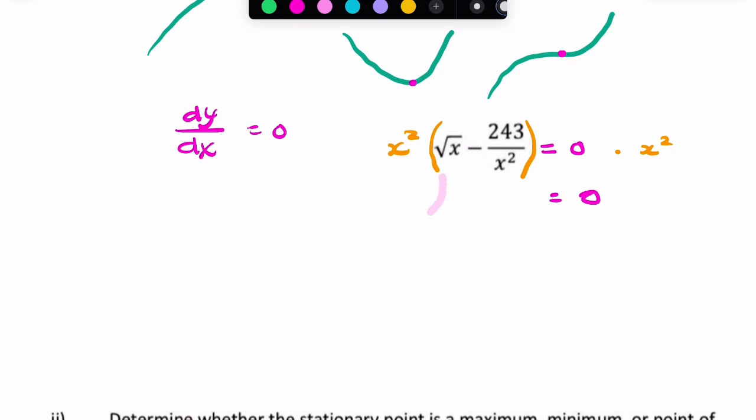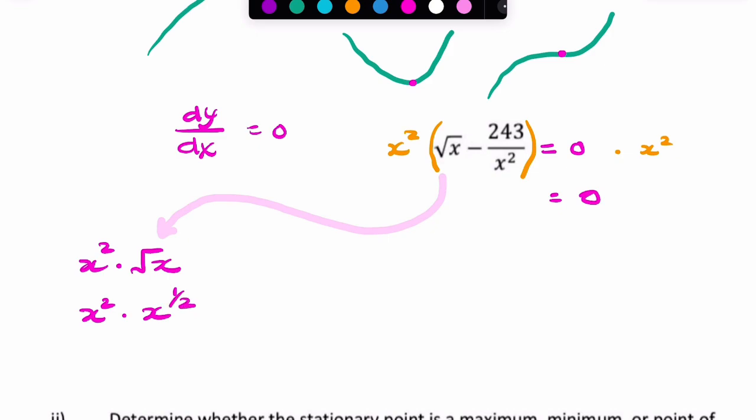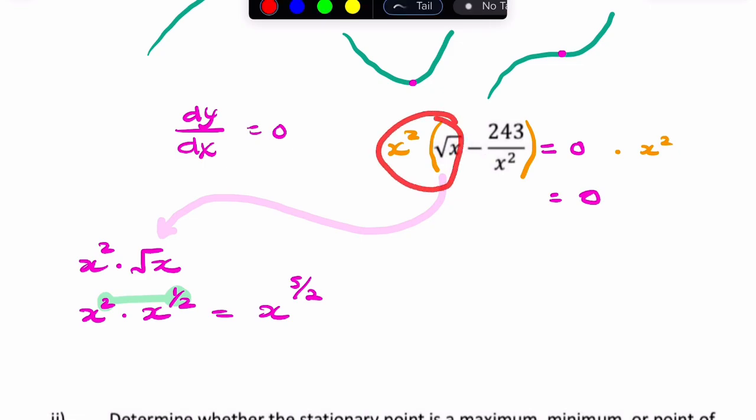And if that isn't clear, let me clarify. If you have x squared times square root of x, that's like saying x squared times x to the power half. And when you multiply, you add the powers. So it's x to the power 5 over 2. So that's our first product there.